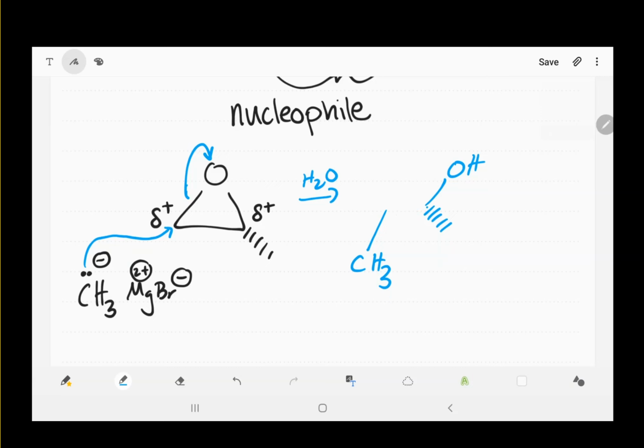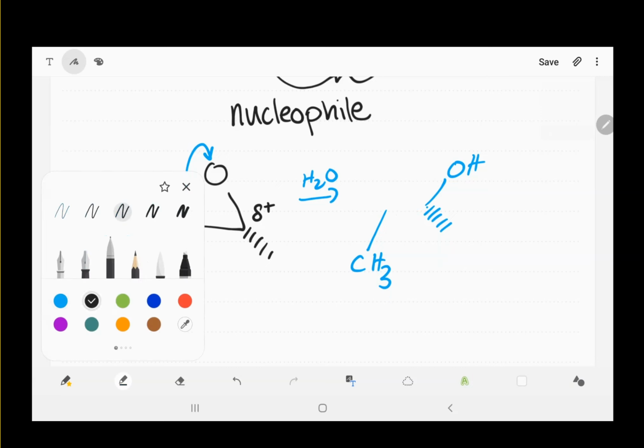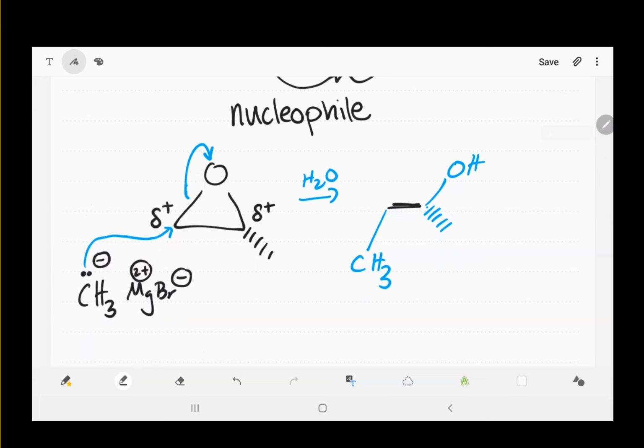So, this part of the molecule was our original epoxide. Fix that. We've now added a new carbon-carbon bond here. So that's how we've done it.